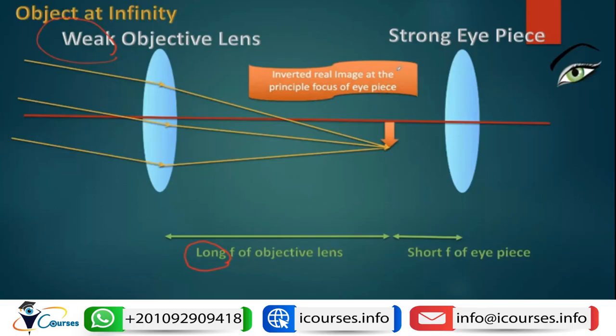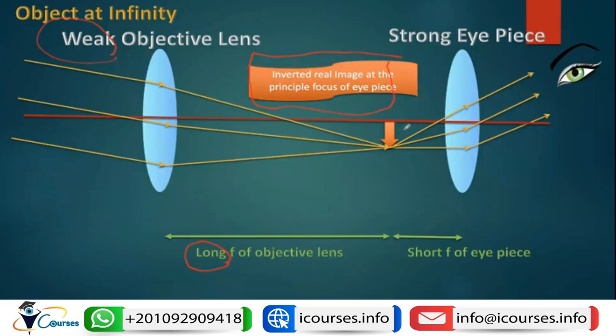Here is the critical point: the weak objective lens forms a focus, and this focus must be in the same position as the focus of the eyepiece. That's how the image is transferred from the objective lens to the eyepiece.